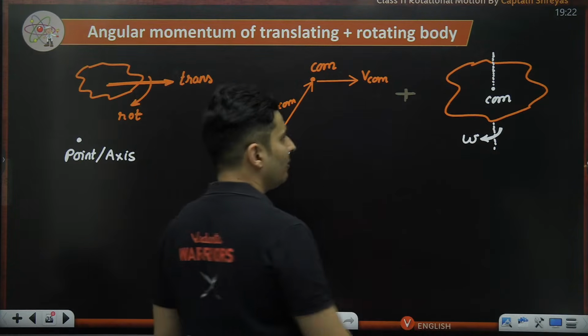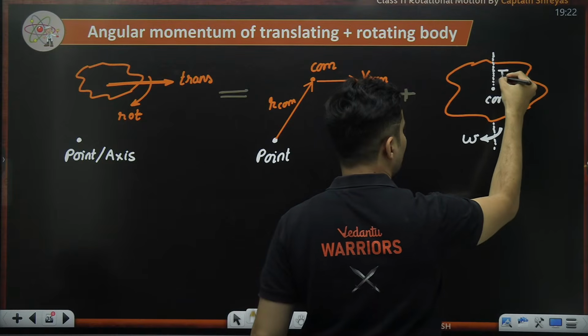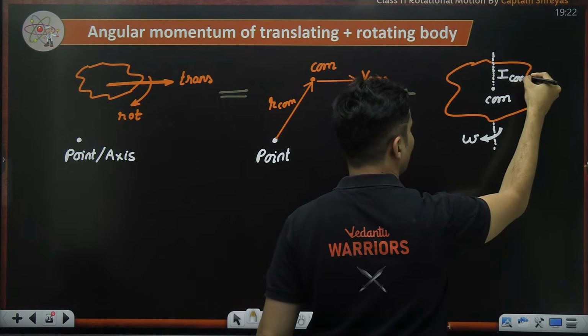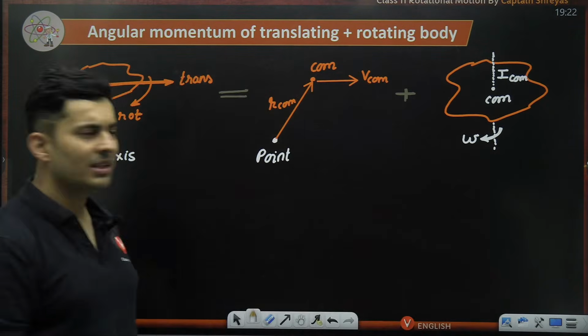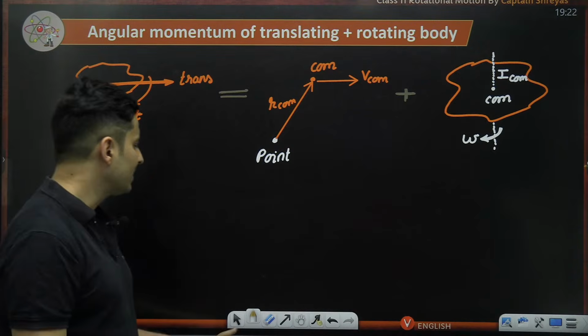And about the center of mass, it will also have some moment of inertia, ICOM. ICOM is the moment of inertia about the center of mass.